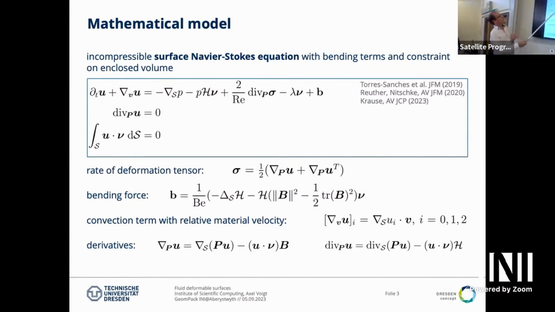In addition, there's this term which couples the pressure, the mean curvature and the normal. This is something one gets from deriving this equation as a thin film limit from 3D Navier-Stokes.